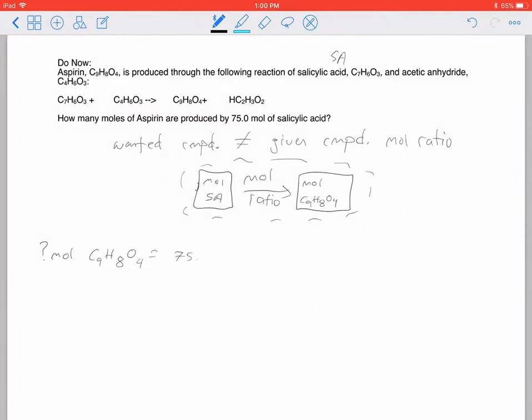So question mark moles aspirin equals 75.0 moles salicylic acid. And then I'm going to put my moles of salicylic acid on bottom. And I know that this conversion factor is going to be a mole ratio.